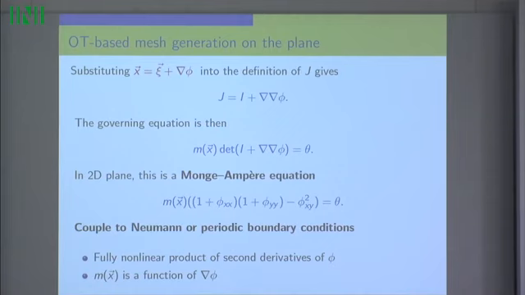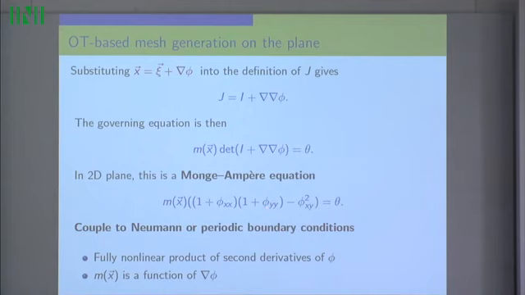So to find your mesh, you need to solve this beautiful fully nonlinear equation. Now there's quite a lot of literature on the Monge-Ampère equation. For mesh generation, it's a little bit more complicated than the usual literature. The usual literature solves this where that's a function of x and y.